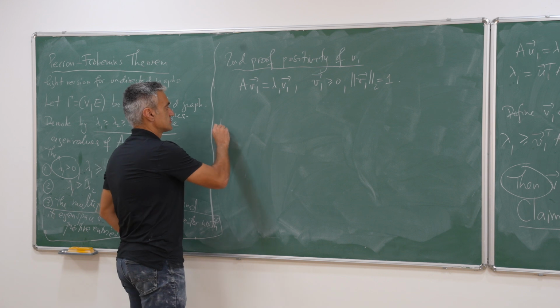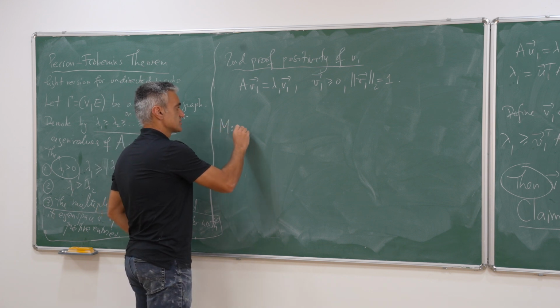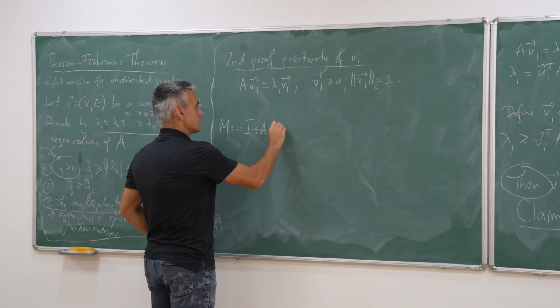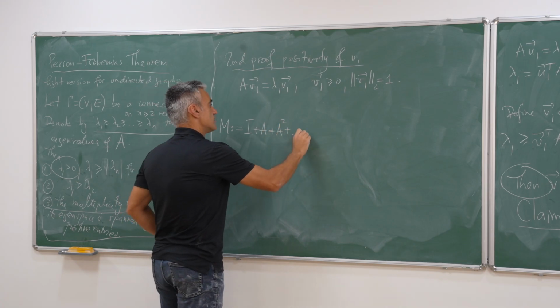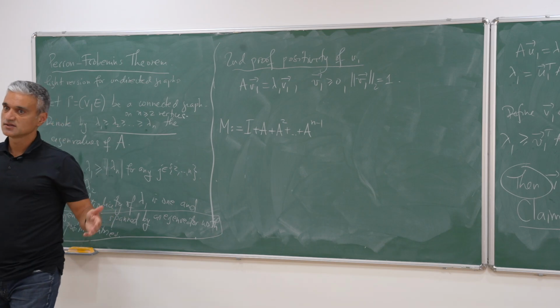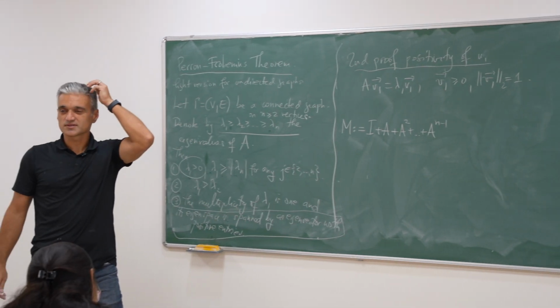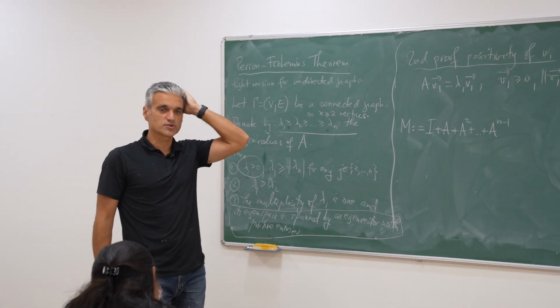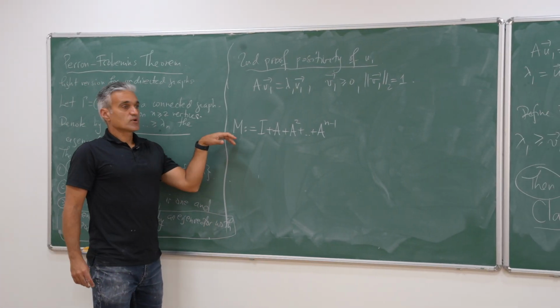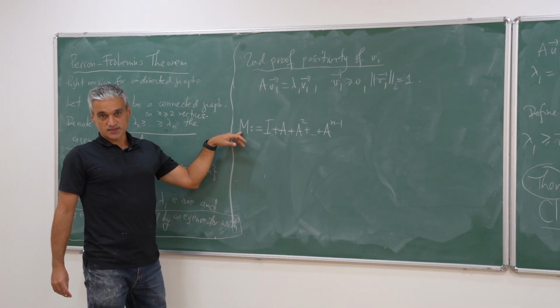So you can take as a matrix the following matrix. You can take something like I plus A plus A squared plus up to A to the n minus 1. I'll tell you in a second why you can take this matrix, or you have more choices than a matrix here. Now, what's so special about this matrix?